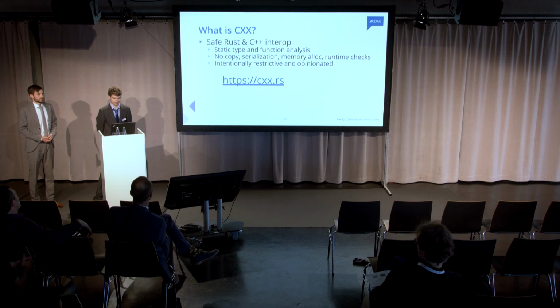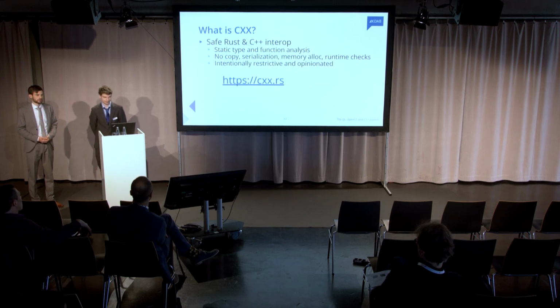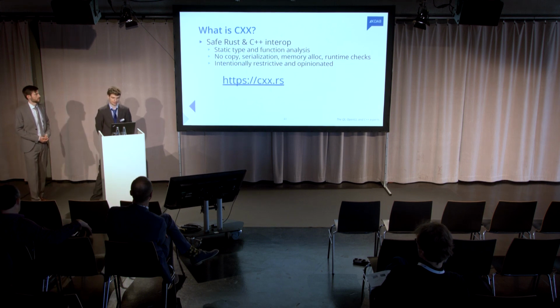Yes, so there's this new crate, or library as they call them in Rust, which provides safe Rust and C++ interop. It uses static asserts on the C++ side to check that the types are what the Rust expects, so it's all still compile time fun.